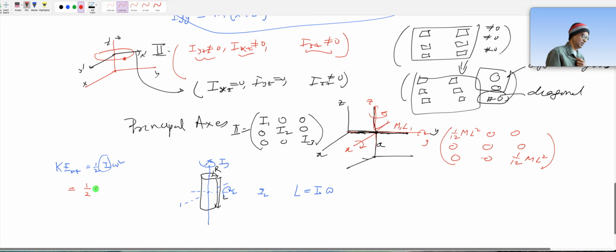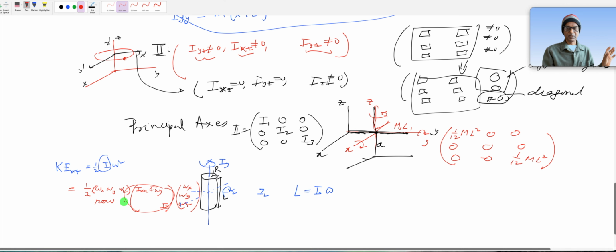You have omega x, omega y, omega z, a row vector, then those I's, I xx, I xy, up to I zz, and then omega x, omega y, omega z. So you can do a matrix multiplication and get the total rotational kinetic energy.